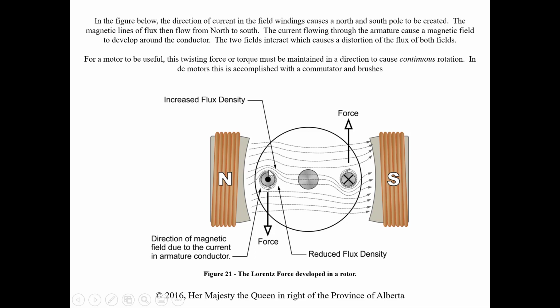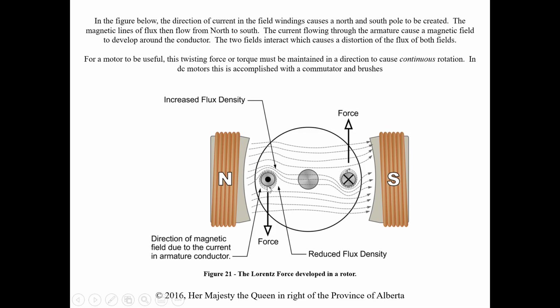So when we have this bending of the field, plus if we use even the left-hand rule for conductors, we can see that the magnetic field around this portion of the armature here, we have an excess of magnetic lines of force basically lining up going the same direction as the field. So the field's going from north to south.